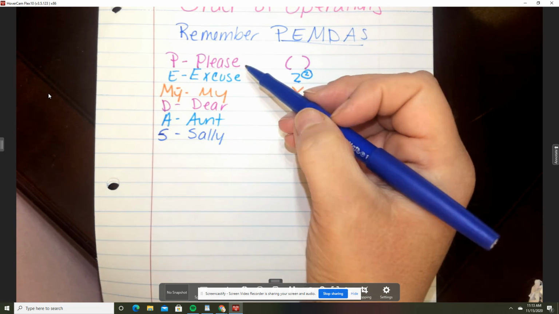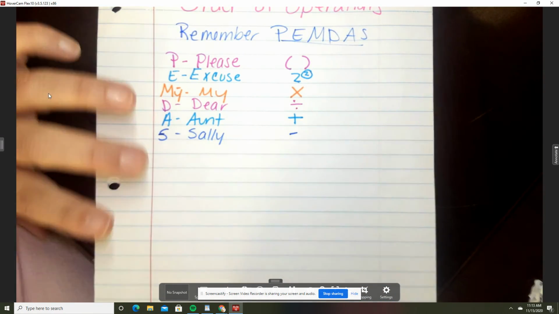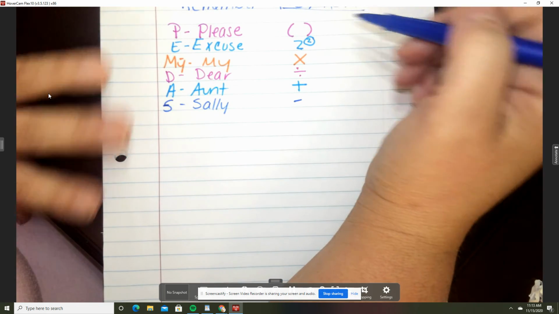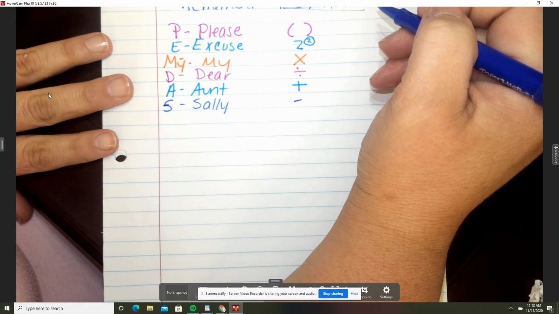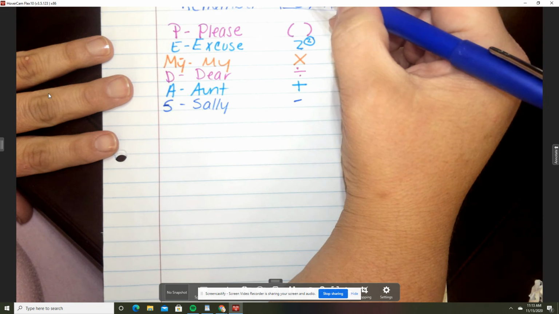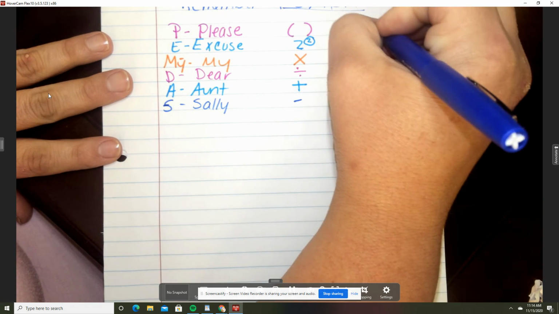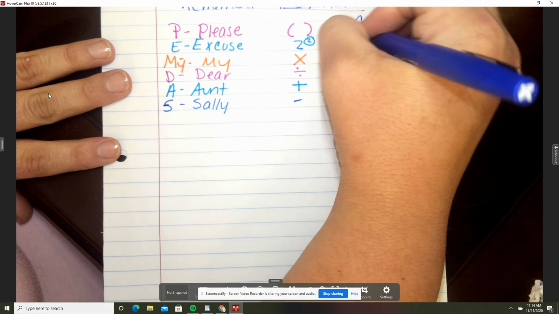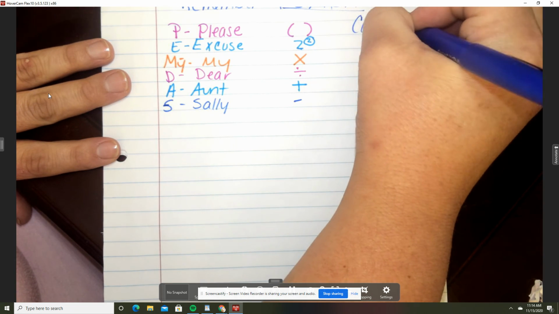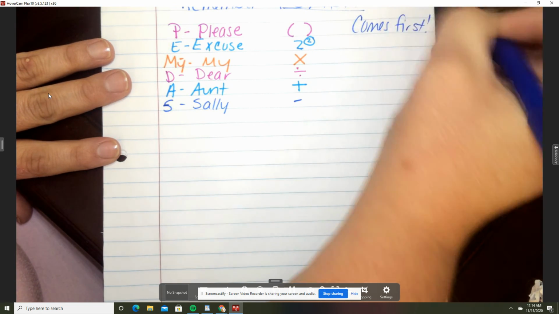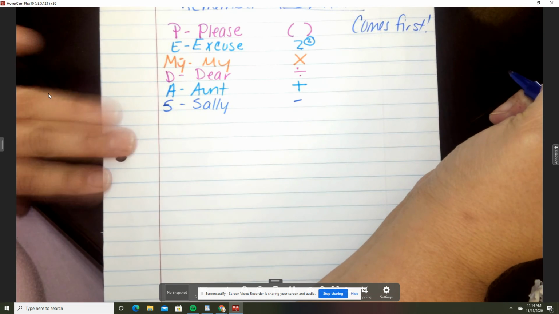So there are rules to this, okay? So when you are doing a problem and you are working it out, you're talking about which of these comes first, okay? So the parentheses you would always do first.